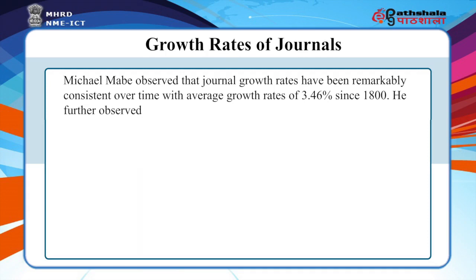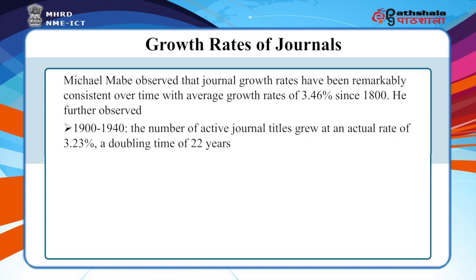Michael Mabe observed that journal growth rates have been remarkably consistent over time, with average growth rates of 3.46% since 1800. He further observed, in the period from 1900 to 1940, the number of active journal titles grew at an actual rate of 3.23%, a doubling time of 22 years.